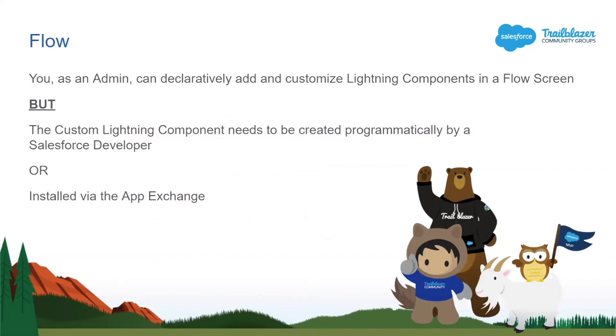So as an admin in Flow, you can declaratively add and customize Lightning components, but those two caveats are either get them from the App Exchange or have a developer create them for you specifically for your org. But you can customize them declaratively within the Flow Builder. And it has to be on a Flow screen, obviously. So you're interacting with that Lightning component within a Flow screen. So it has to be a screen-based Flow.